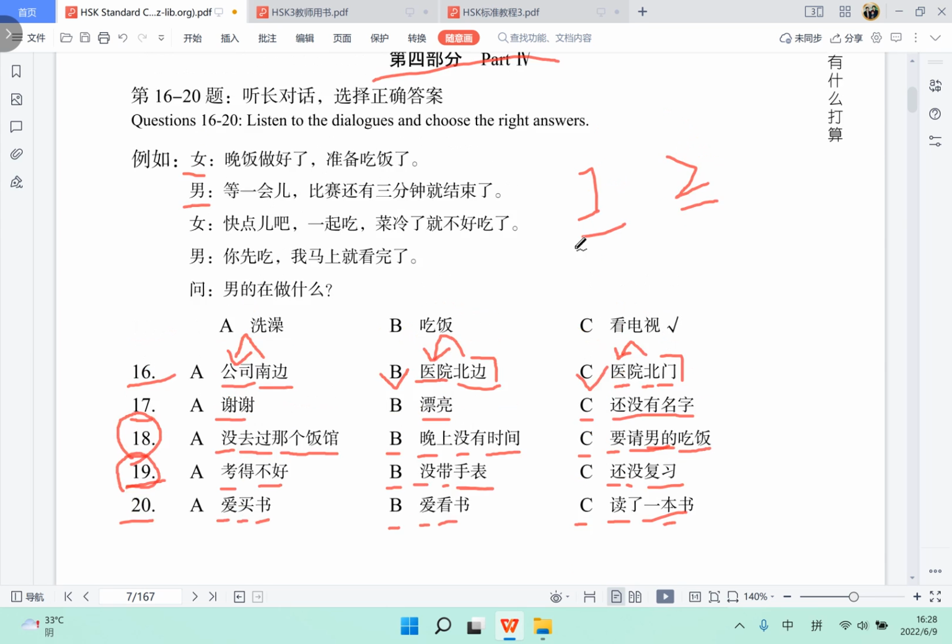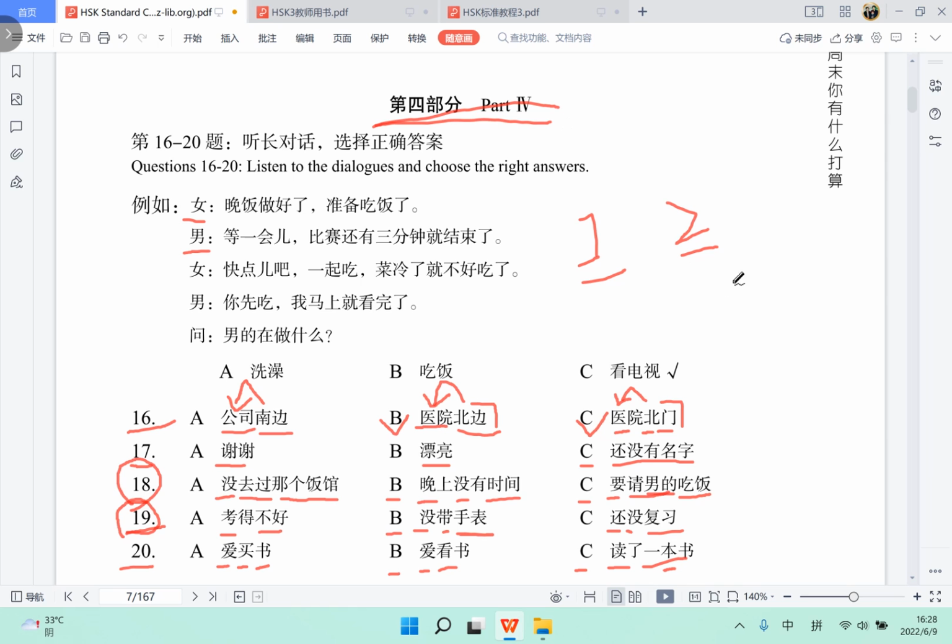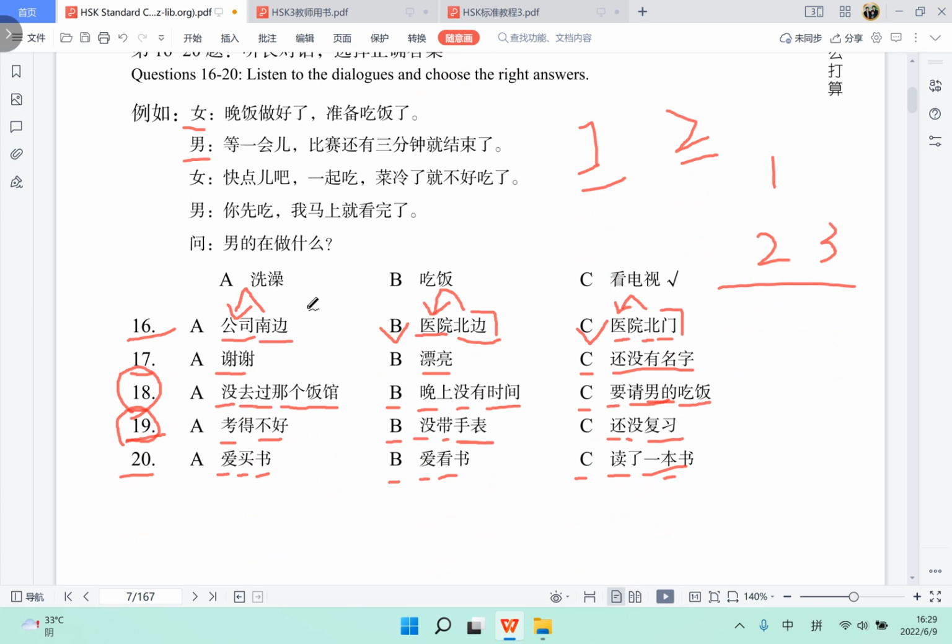But for HSK3, especially for the long conversation, they're going to ask us about a detail, but we will find 2 or 3 details in one conversation. So it's some method we used before: when you hear that detail, you take it first, have to be upgraded.